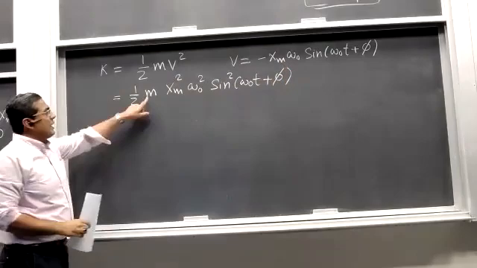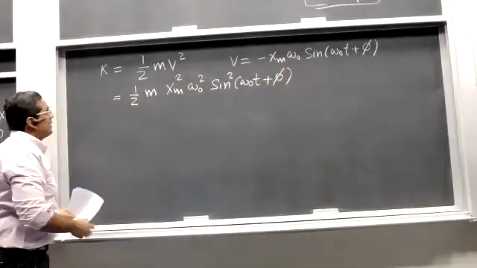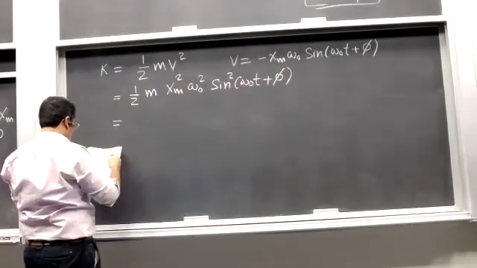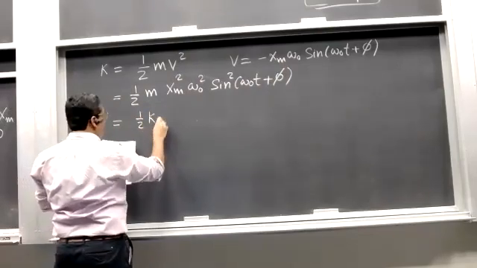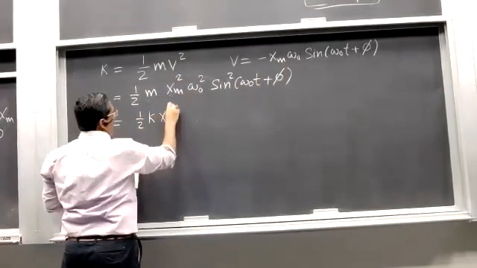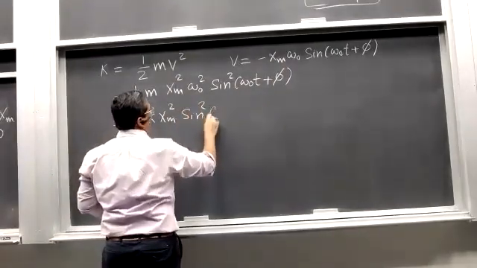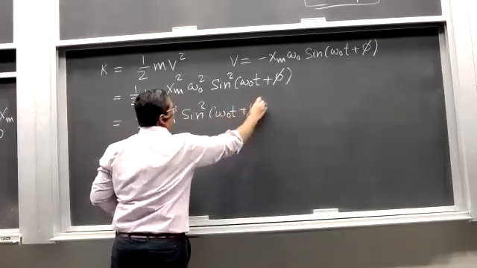And then you can simplify m with omega naught squared, because omega naught squared can be written as k over m, and then the mass cancels, and this becomes simply half k xm squared sine squared of omega naught t plus phi.